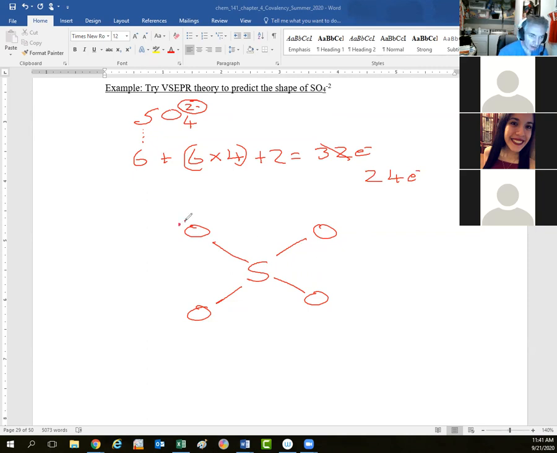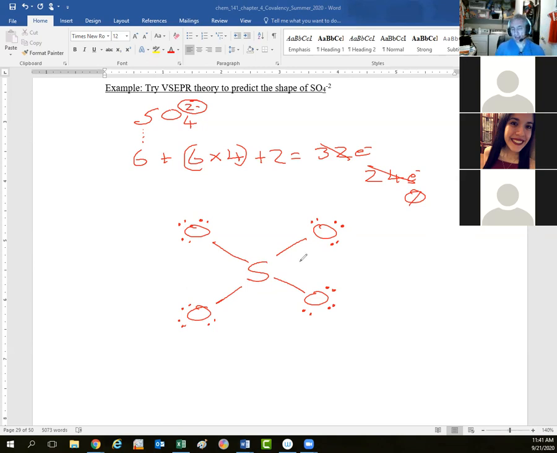We'll use those electrons left over to complete the octets of the atoms, starting on the outside first and working our way in. Never add electrons to the central atom unless there's nowhere else for the electrons to go. And that uses up our remaining supplies, 6, 12, 18, 24.